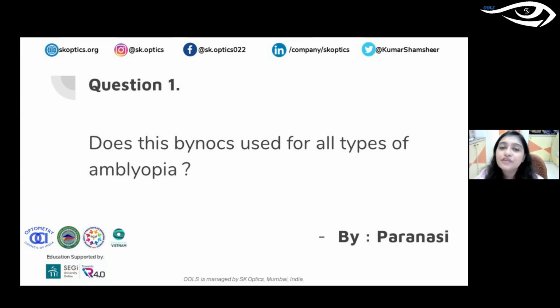Other than that, if you've given full correction to your patient and you see that their fixation is falling on their fovea, then you can go ahead and give Binocs to the patient. Just make sure that there is no eccentric fixation, is what I'm trying to say. So yes, it is for all types of amblyopia except strabismus, because most of them have eccentric fixation. Great.